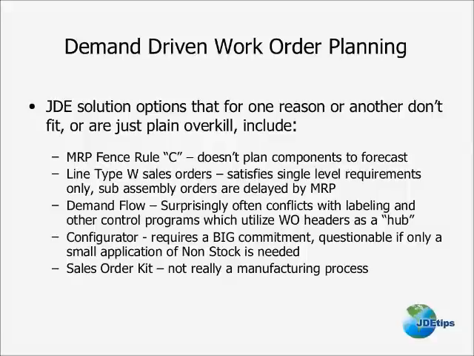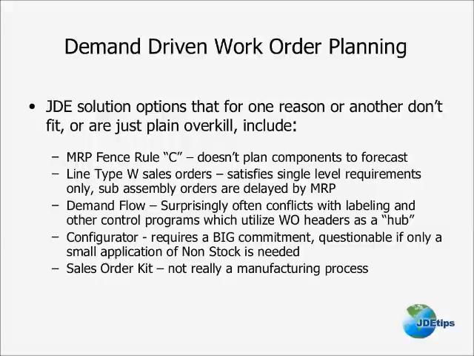You're getting a work order just for the parent item. And if there are related sub-assemblies underneath there that need to happen at the same time, or in the same quantity, or to the same specification, you kind of have to wait until MRP runs to see that demand and then generate a planned order. So you can be easily a day behind.